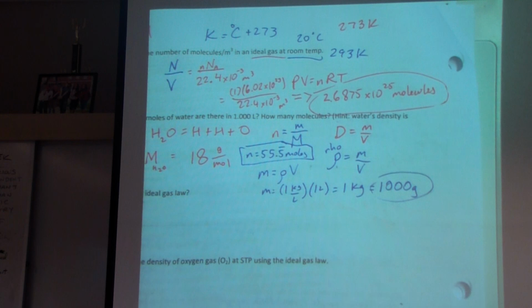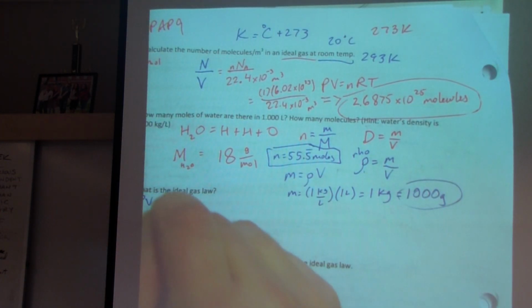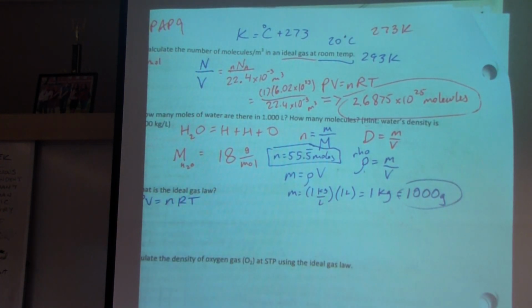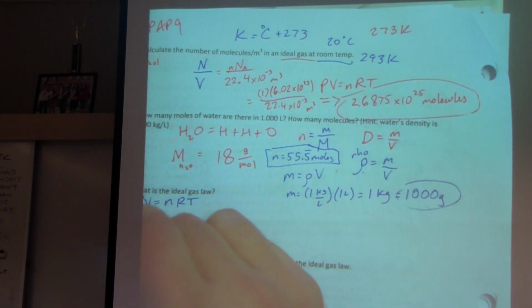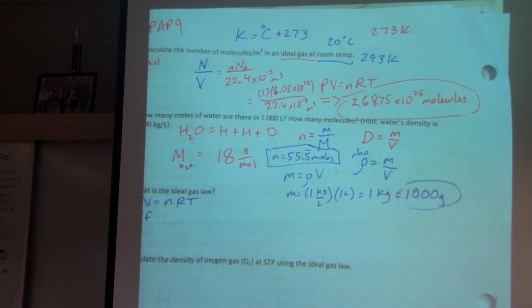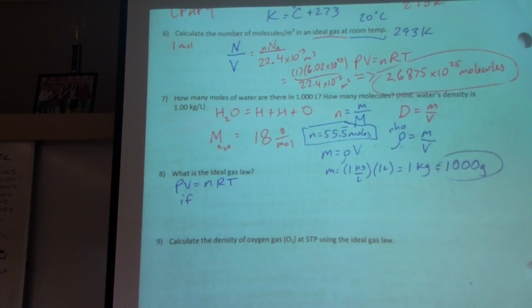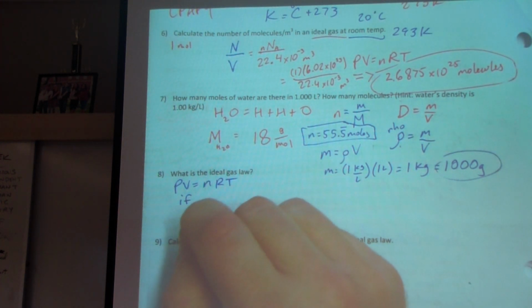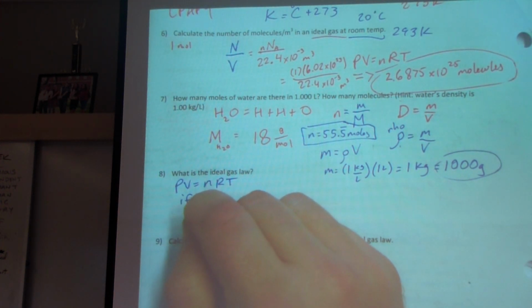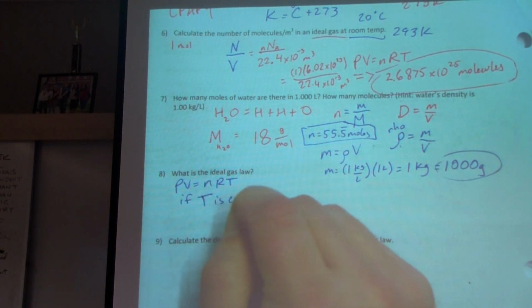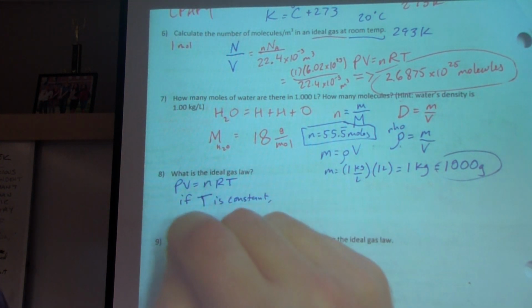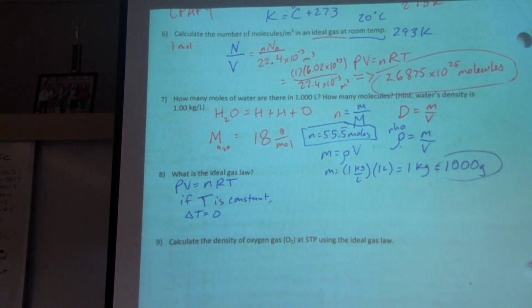Okay? What is the ideal gas law? Write it down one more time. PV equals nRT. Now, I'm going to show you some variations of this, which for some reason, people got to name after themselves. If T is constant, in other words, delta T equals 0, that means there's no change in temperature.